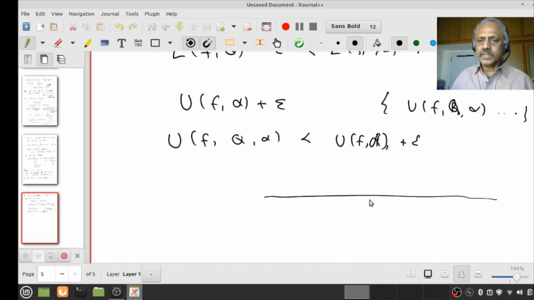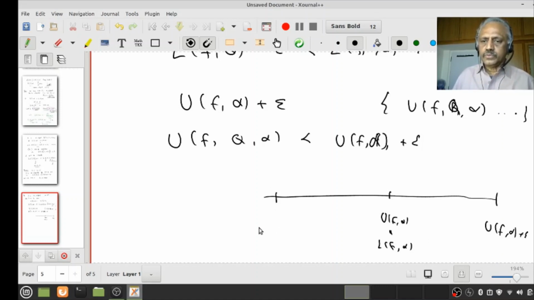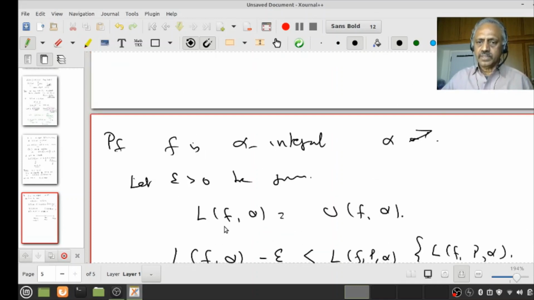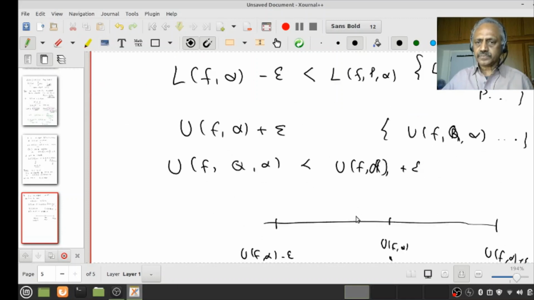So where are the things now? It's integrable. Therefore this fellow is UF alpha, which is also equal to LF alpha, right? UF alpha plus epsilon is here, and UF alpha minus epsilon will be here, which is the same as LF alpha minus epsilon, because F is integrable, LF alpha is UF alpha, right?